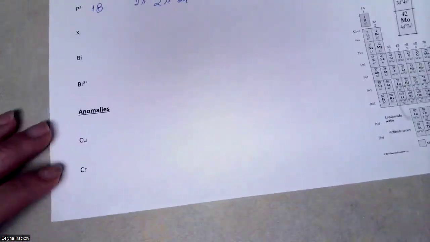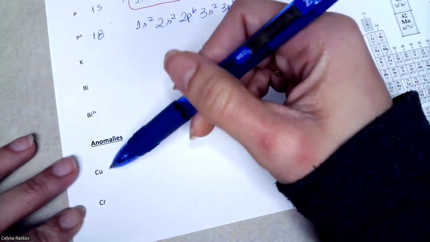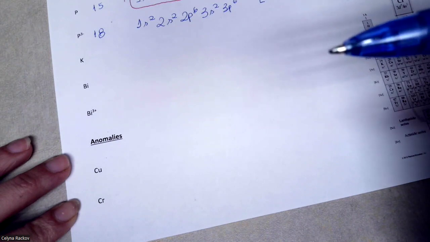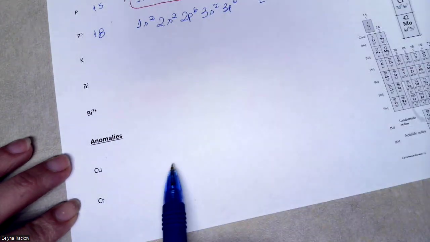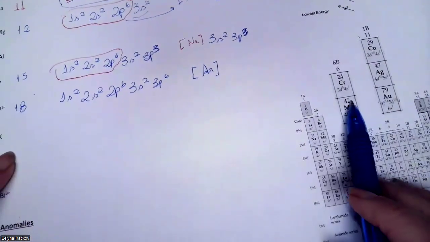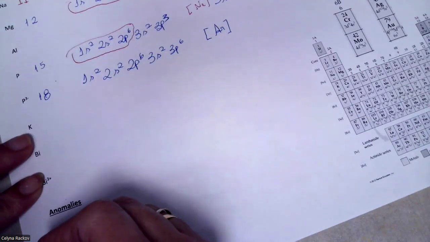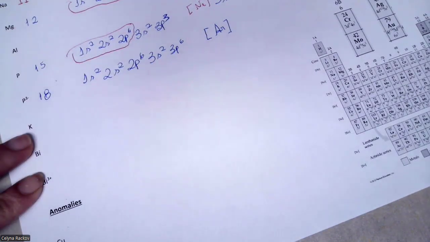Okay, but you have two anomalies in chemistry, copper and chromium. So copper, the atomic number for copper is 29. So how would the electron configuration be for 29?